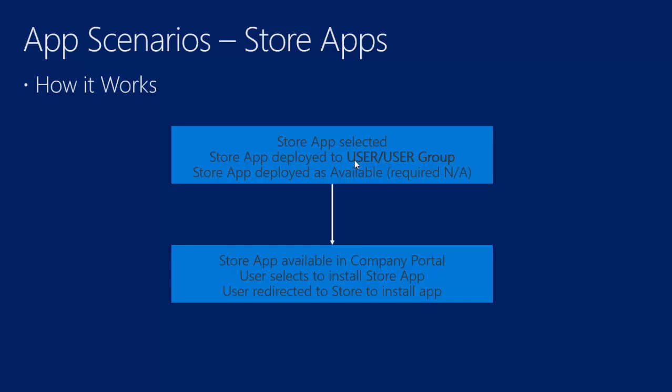And that's a matter, I'll show you in a minute, of browsing the internet, finding the app in the Microsoft Store, copying off and saving the URL to that app that you can then configure into Intune as what you want to deploy, and then creating the deployment specifically to a user or a user group. For a store app, you cannot deploy to the device. It has to be to a user and to a user group.